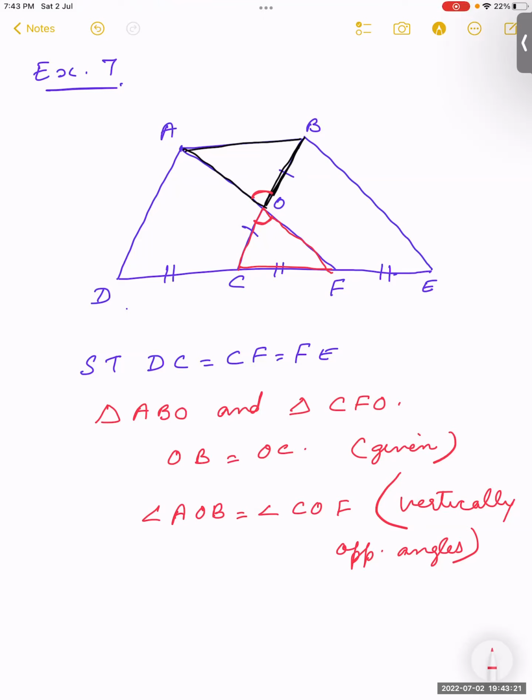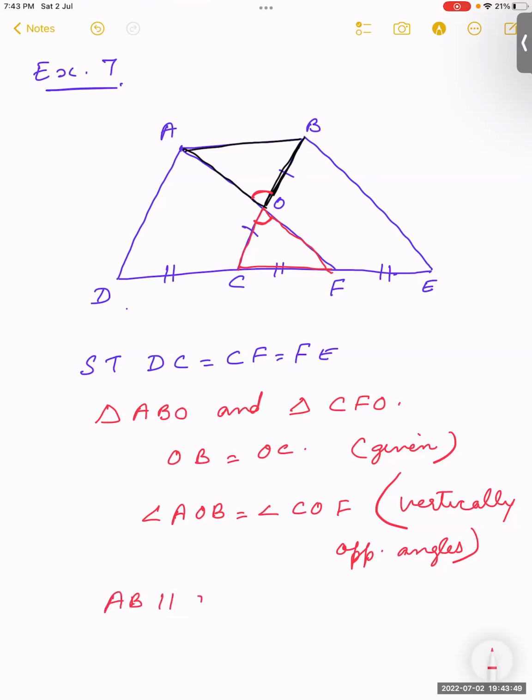What is next? Now we have to think of our parallel lines and transversal concept. Which angles should I consider?